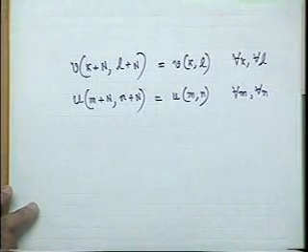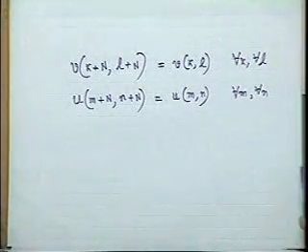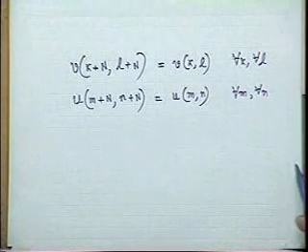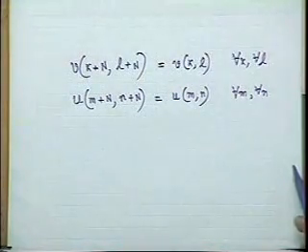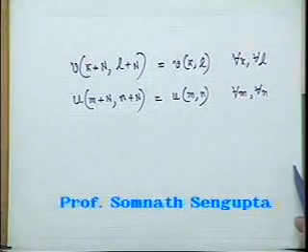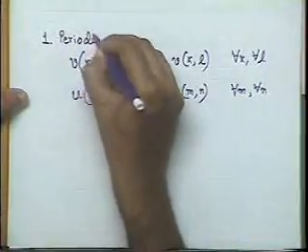So we get a periodic spatial domain function. Both the spatial domain function as well as the transform domain function are periodic. So the first property we study for the discrete Fourier transform is the property of periodicity.